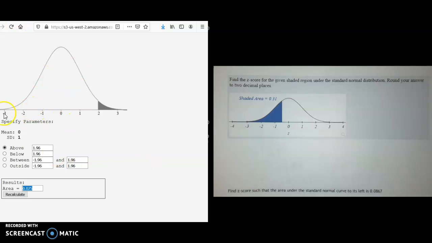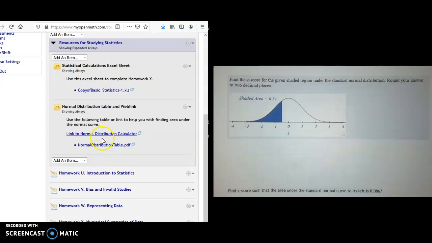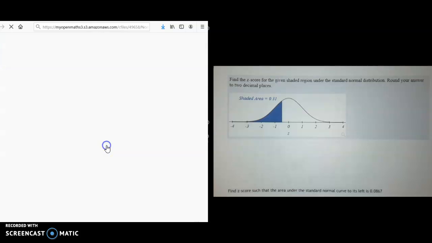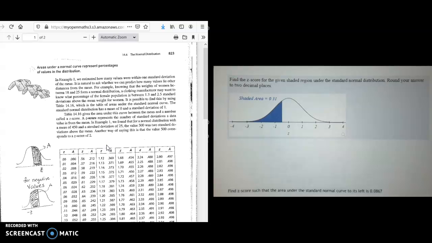And before we had nice technology that would do things like this for us, what we had were tables. So the third link in the Resources for Studying Statistics is a normal distribution table.